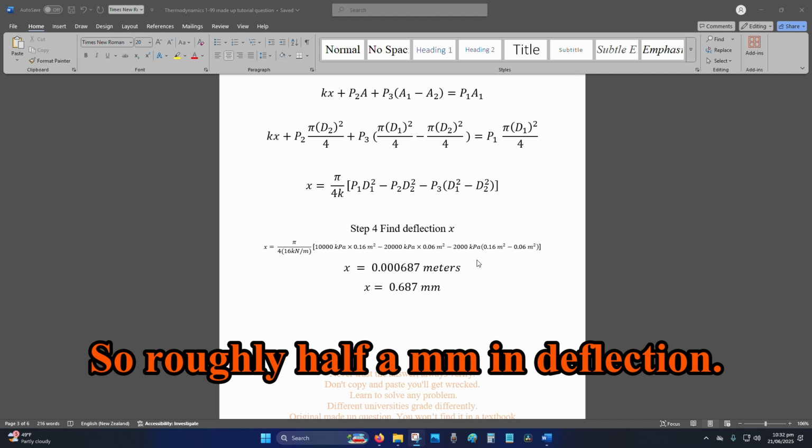So roughly half a millimeter in deflection.